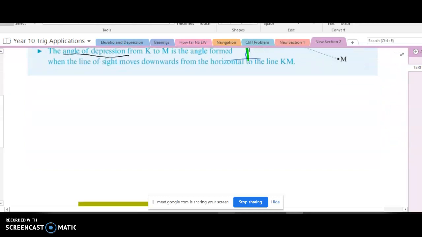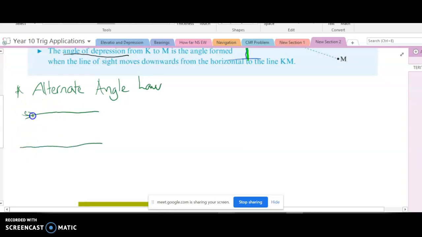But before I go there, there is a thing called the alternate angle law. It's a very useful law, especially in anything to do with navigation as well. And the law is a very simple one. That is that when we have parallel lines, let's say the horizontal lines are always parallel, and we cross them, you'll notice that these two angles here, this angle here and this angle here, are the same.